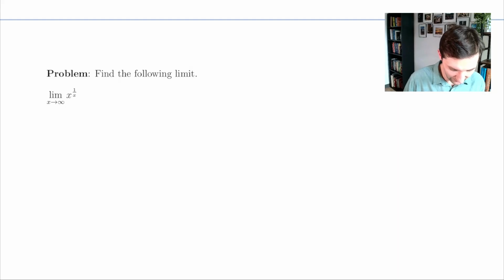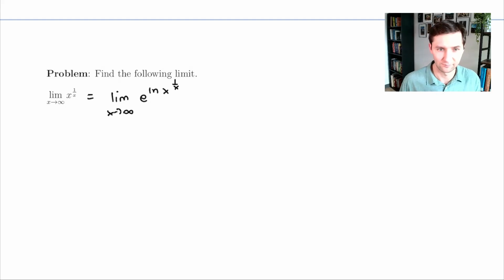So I will rewrite this limit as the limit as x goes to infinity of e to the power ln of x to the power 1 over x. Now I will do two steps at once. I will take this 1 over x in front of ln, and I will move the limit in the exponent of e.